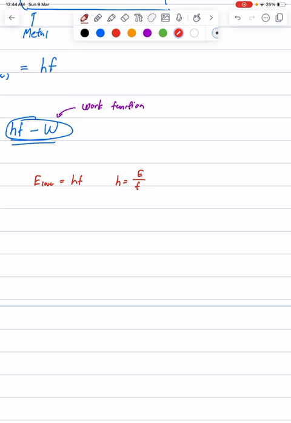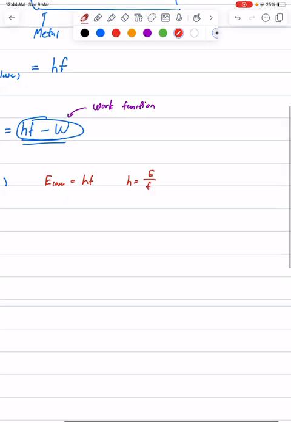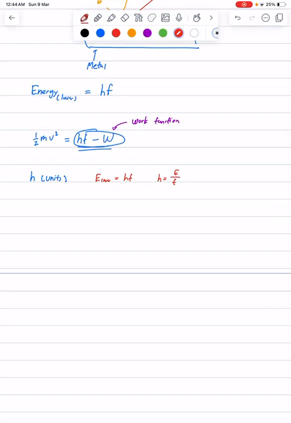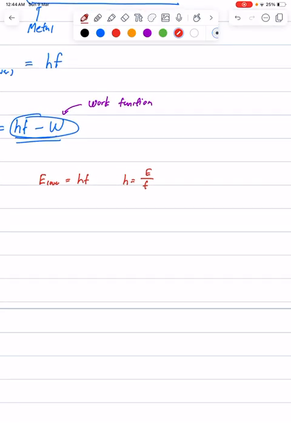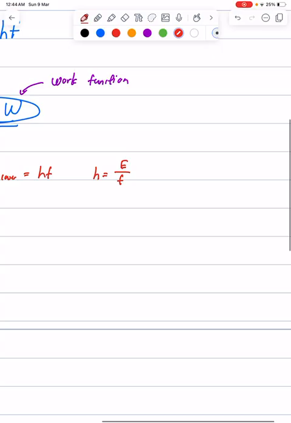What are the units of energy? The units of energy are essentially the units of the kinetic energy, 1/2 mv squared here. We're only considering the units, so I dropped the 1/2. It has units of mass times length squared over time squared.